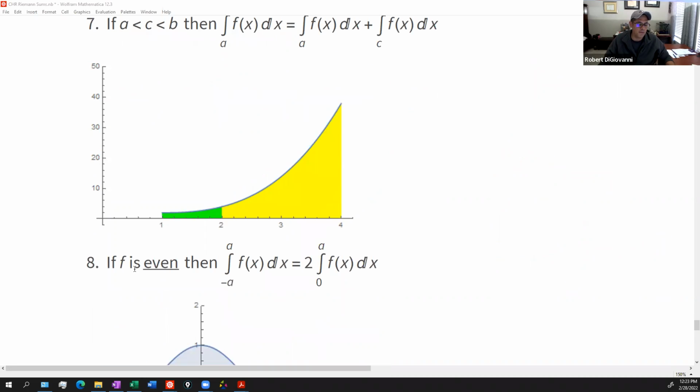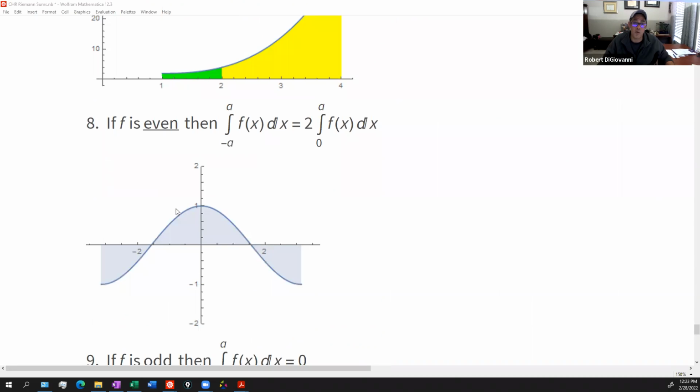Remember what it means for a function to be even. Even means it is a reflection of itself over the y-axis. So all even functions look like reflections over the y-axis. If I take that and reflect it over the y, it lands on top of itself. That's an even function. This property says, and be careful here, if you go from negative a to positive a, this is not a to b, this is negative a to positive a.